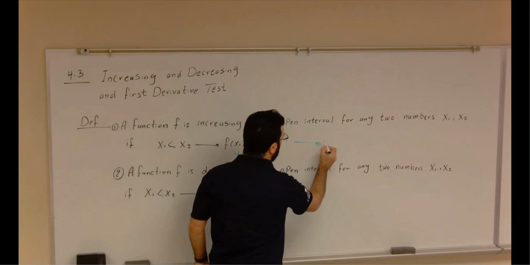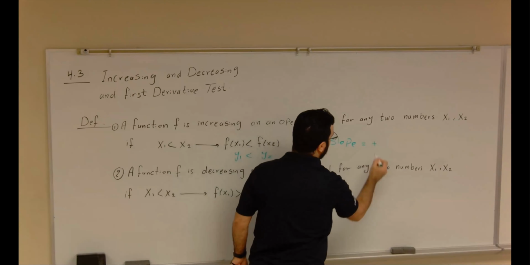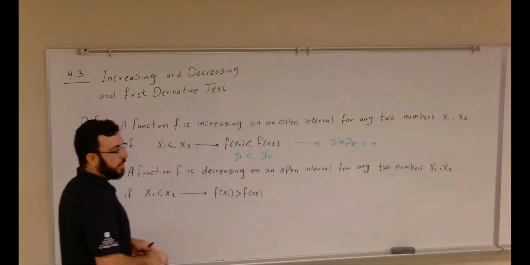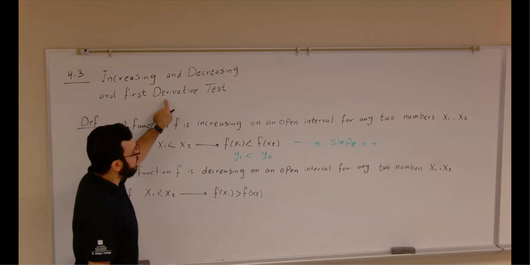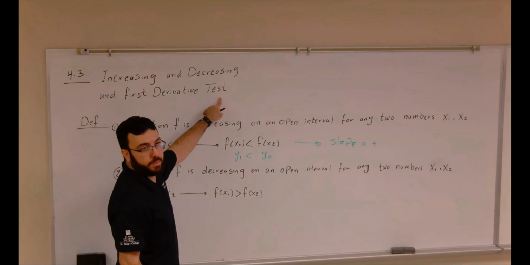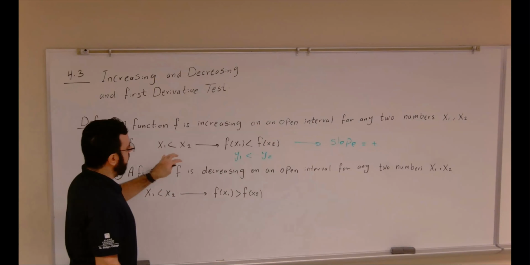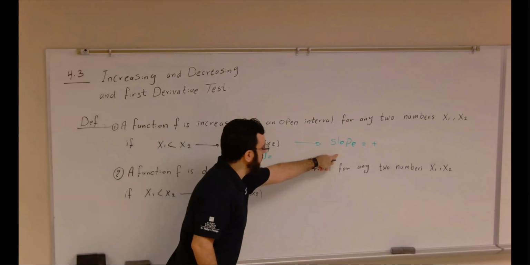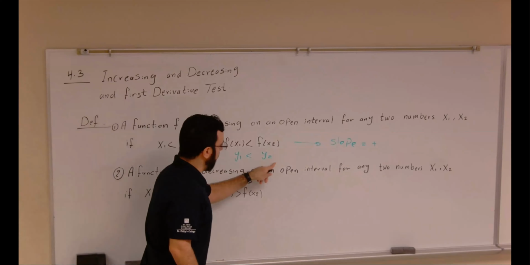The same thing if the slope is a positive number. But we're not going to use the slope. This is the general definition. We need to use the first derivative test to find the increasing and decreasing. The function is increasing if the slope is positive, or x1 less than x2, the y1 less than y2.